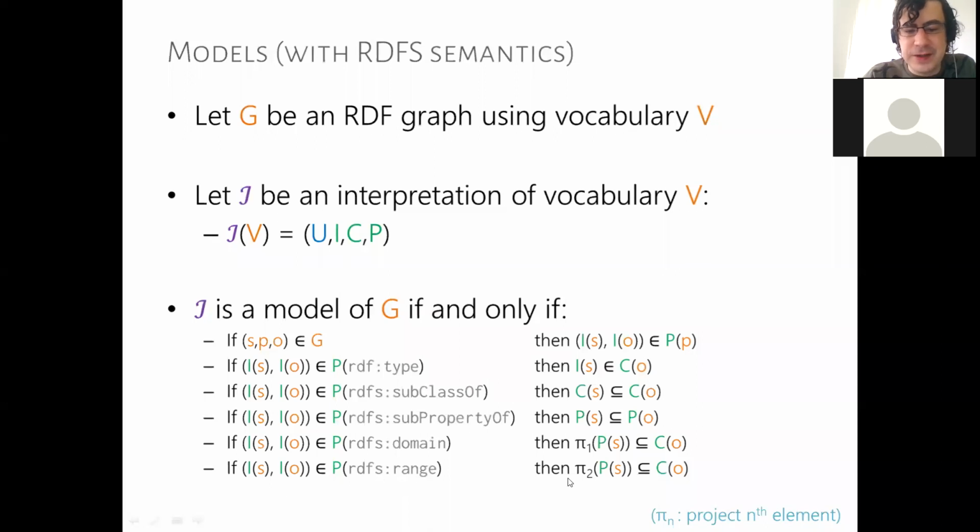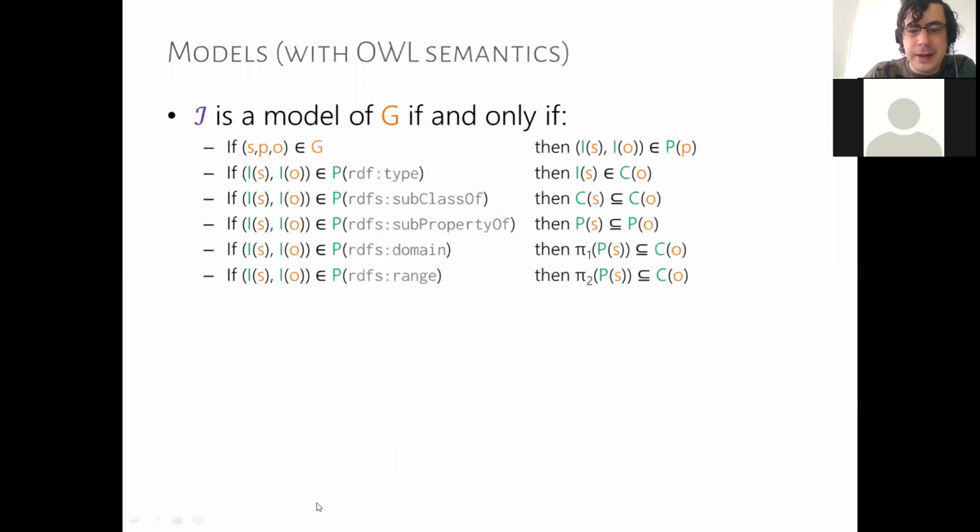Same for range, except this time we project the second element from the relation, the target of the relation, and say that that is a subset of the class O, and so forth. So this is RDFS.